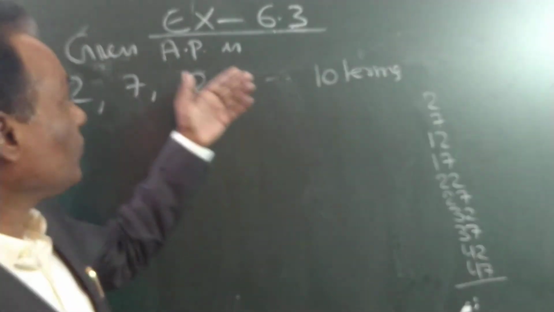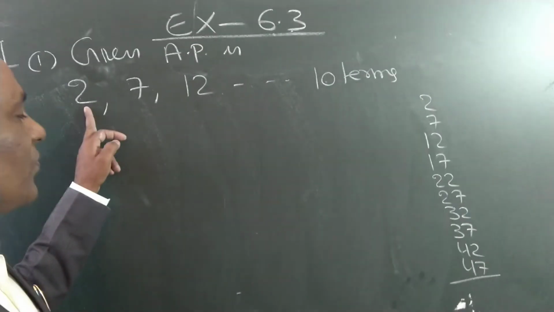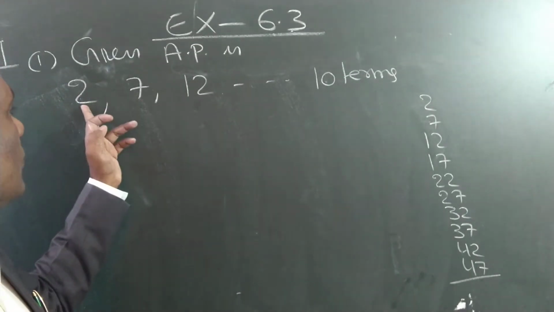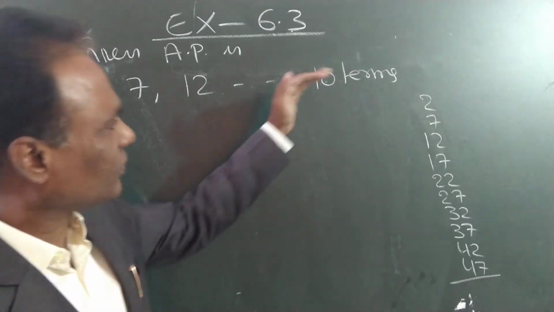Now find the sum. How are the numbers formed? 2 is the first number, and 5 is added: 2 plus 5 is 7, 7 plus 5 is 12, 12 plus 5 is 17, like that.